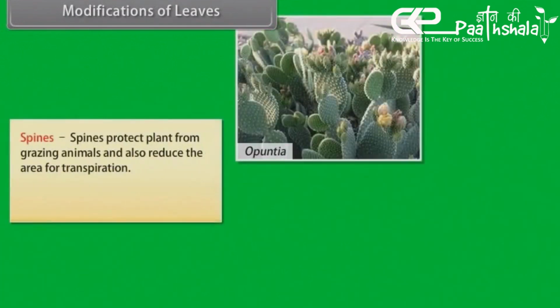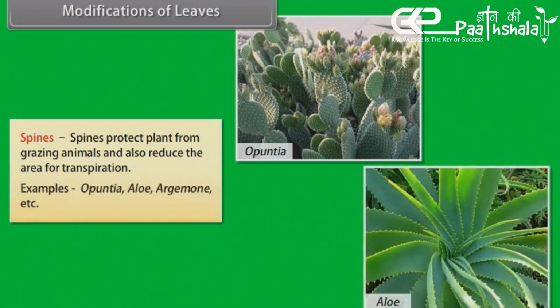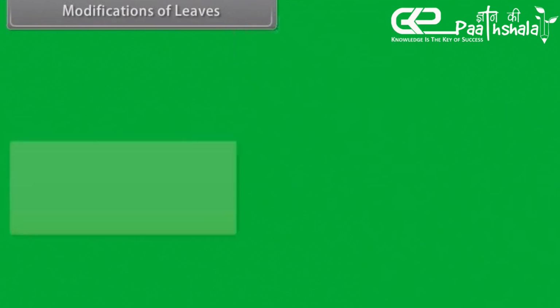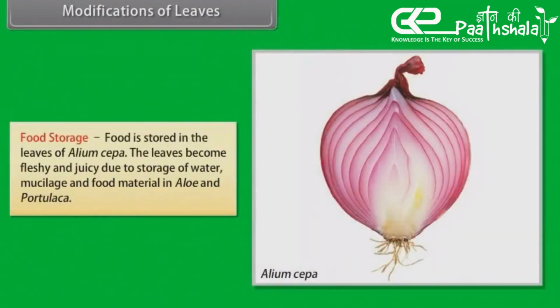Spines protect plant from grazing animals and also reduce the area of transpiration. Examples: Opuntia, aloe, Argemone, etc. Food storage. Food is stored in the leaves of Allium cepa. The leaves become fleshy and juicy due to storage of water, mucilage, and food material in aloe and portulaca.